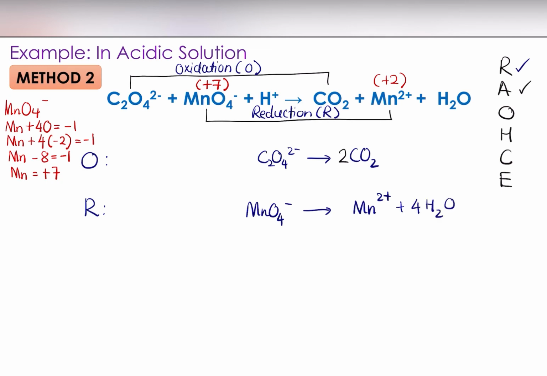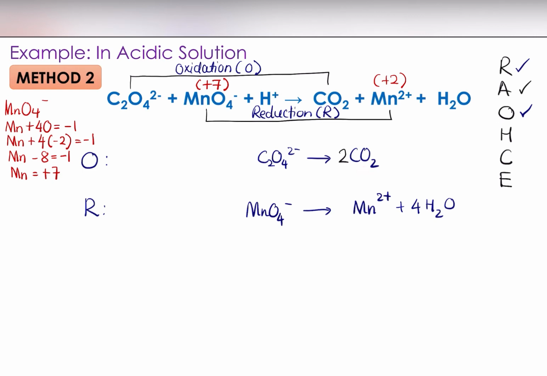Okay, settle for oxygen. Next one, I'm going to balance H, where by adding H plus. So for oxidation, I got no H at my left side and also at my right side. So do I have to change anything?